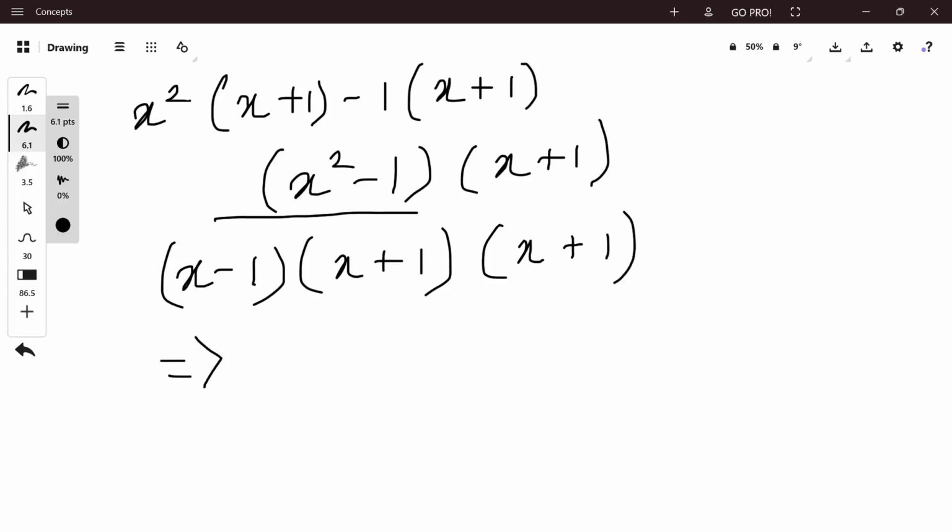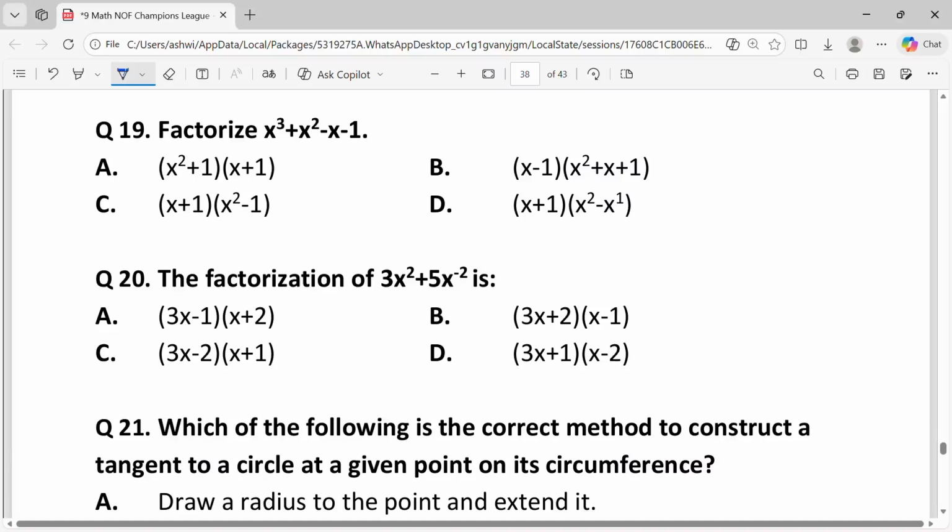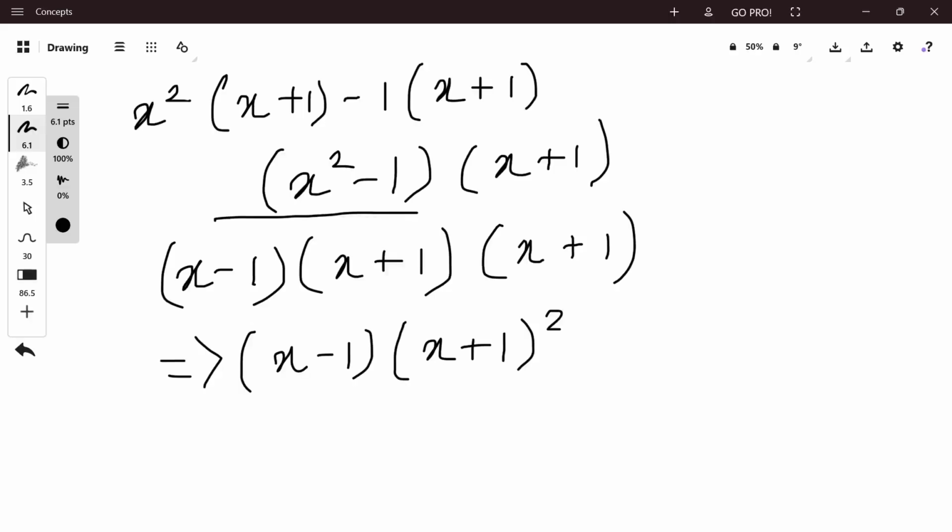That is equal to (x minus 1)(x plus 1) whole square. Comparing with the given options, the answer is C, (x plus 1)(x square minus 1), which was right here.